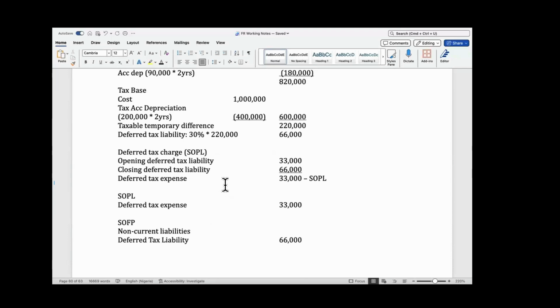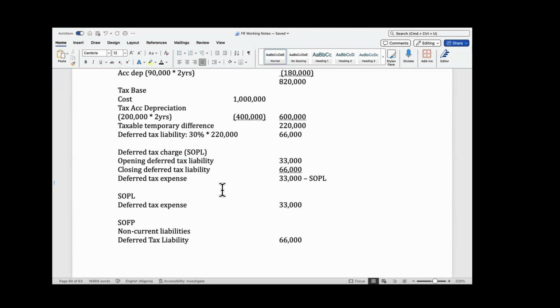Oh, that's the nature of liability. So when liability is increasing, it is an expense. According to the conceptual framework, an expense is defined as an increase in liability or a decrease in assets, right? So income is an increase in assets or a decrease in liability.